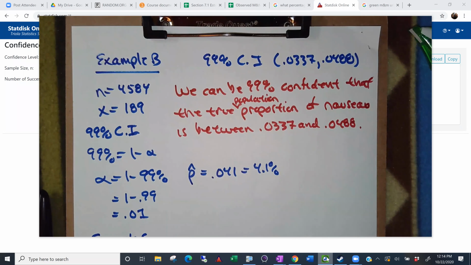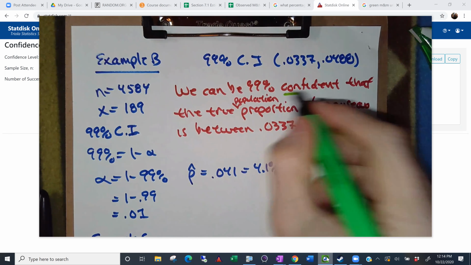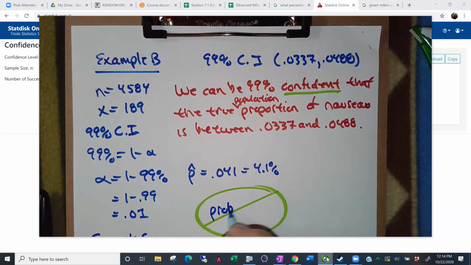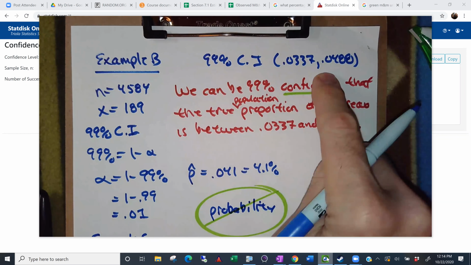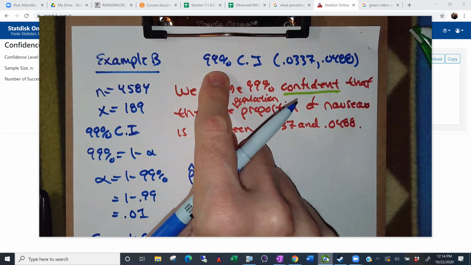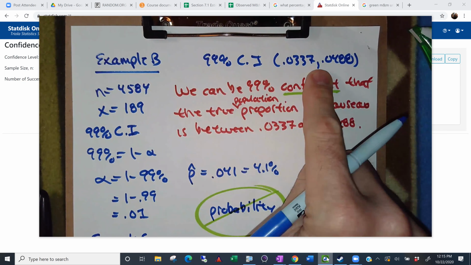One thing to be sure of when you're doing that is do not use the word probability. Probability associated with that is not what you would expect. It's not 99%. It's not 1%. It's either 0 or 1.